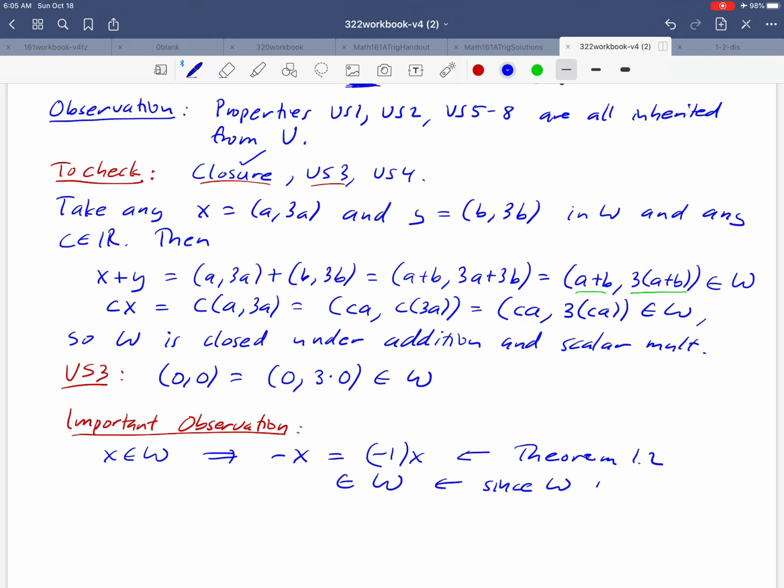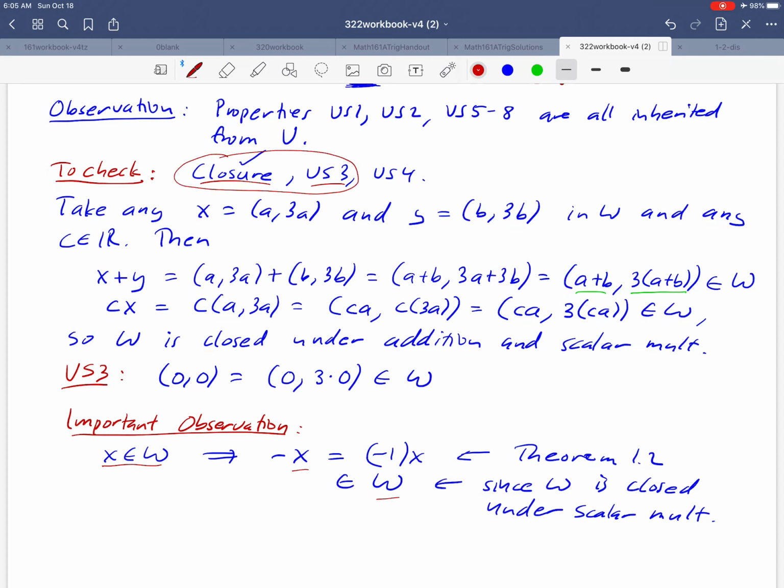Okay, so since W is closed, notice that what we just proved here is VS4. We started with x being in W, and we proved that negative x is in W. And we were able to do it using the stuff that we already proved: closure and VS3.